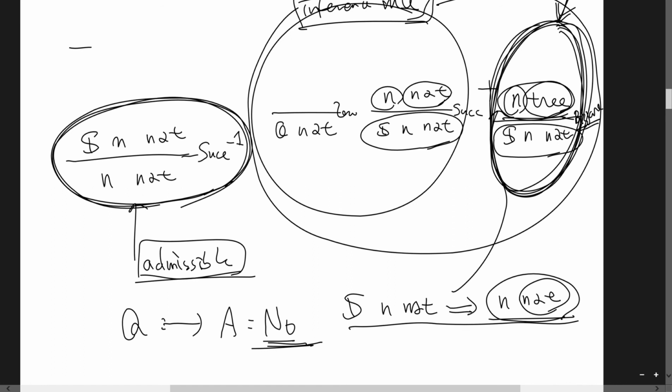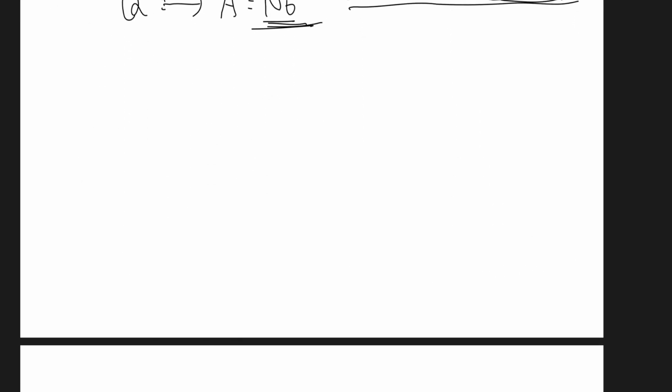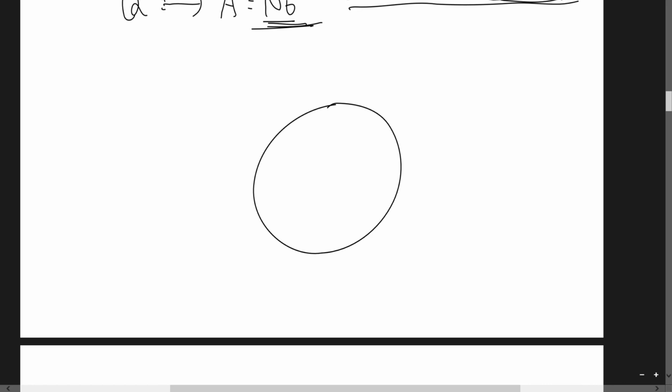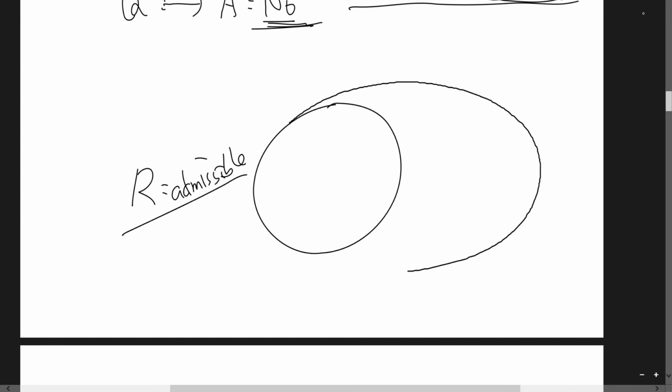So admissible rules should be revisited every time you expand the system. So what that means is that this is a system of inference rules that you start with. And with respect to this system, let's say R, this inference rule R is admissible. Later, you expand this system with another inference rule.